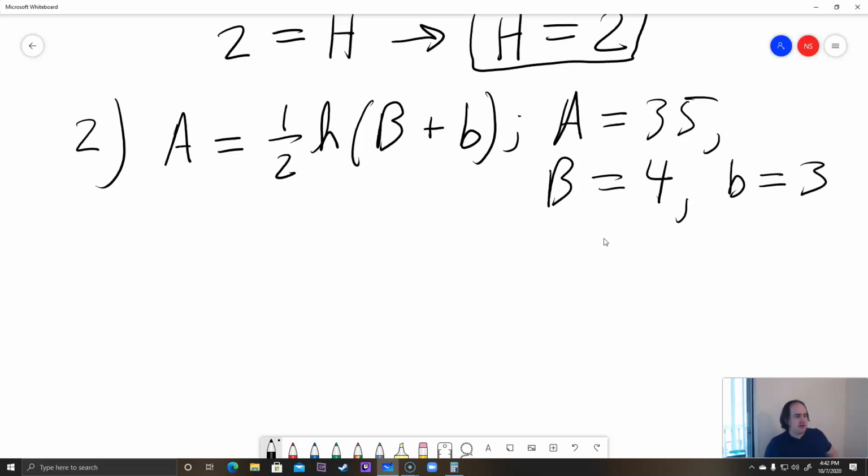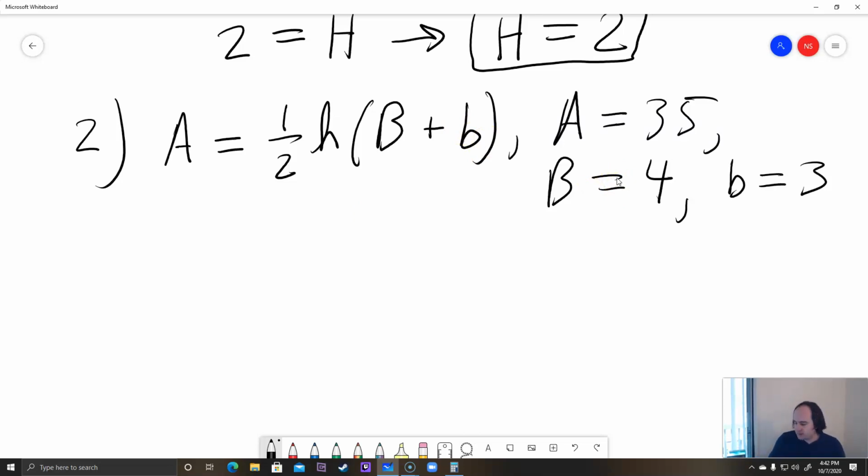Okay, so capital A equals 35, capital B equals 4, and little b equals 3. Notice here there's a difference between capital B and lowercase b.